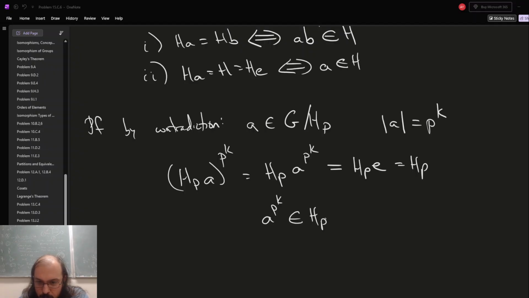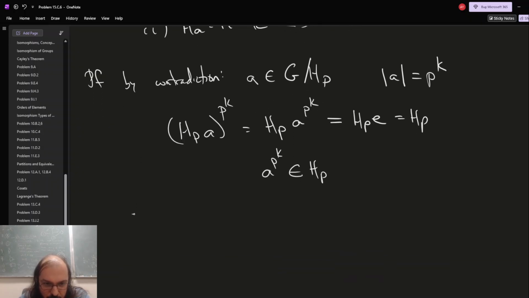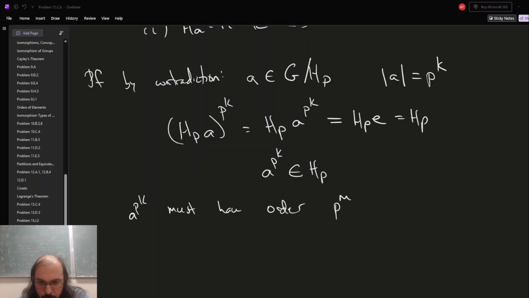And at this point, we're pretty close. This means that this element, a to the p to the k, must have itself some prime power order, maybe p to the m. Probably worth specifying.